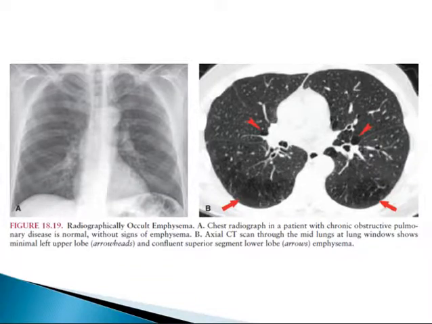This radiograph appears normal, while the CT shows, at the level of the mid-lung, minimal left upper lobe emphysema here and confluent superior segment lower lobe emphysematous change.